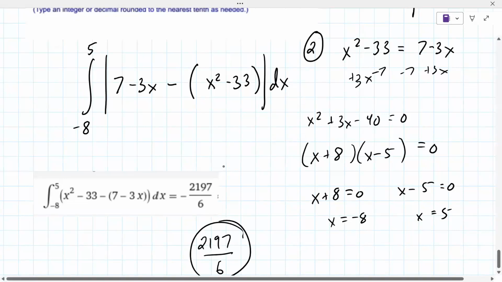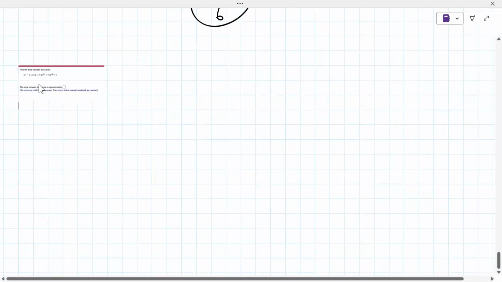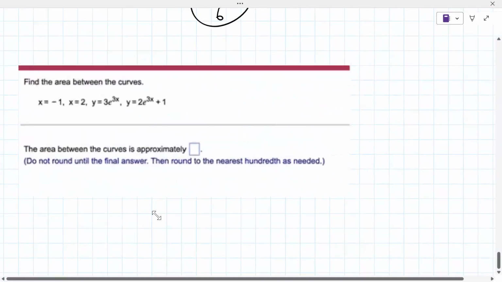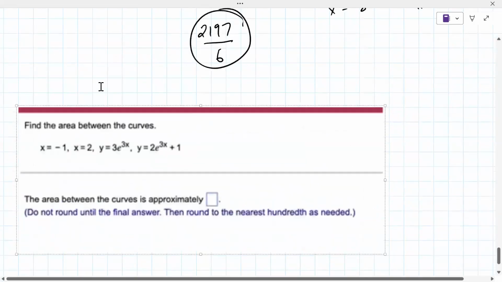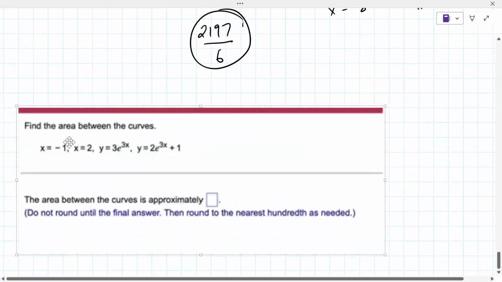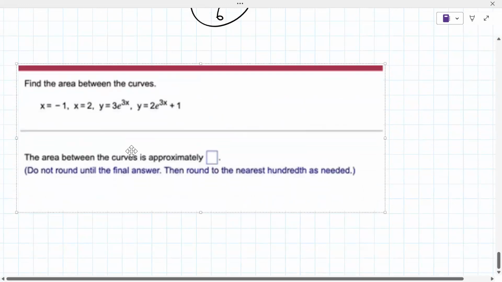Okay, we're doing really well. Last of these problems, and we'll have time to go back to number one. This is more like the one we did before. They give you the two bounds. You don't know which one is the top or the bottom, so you just do the absolute value.